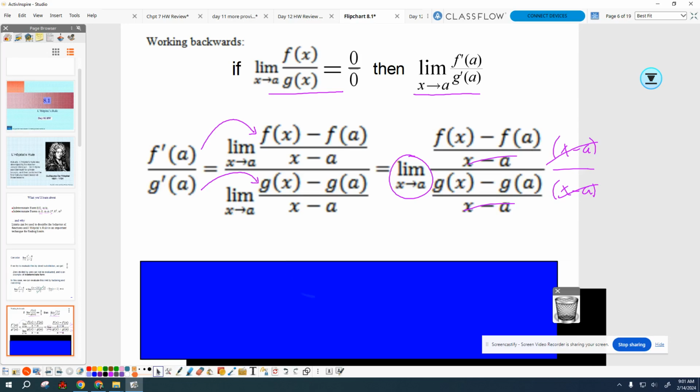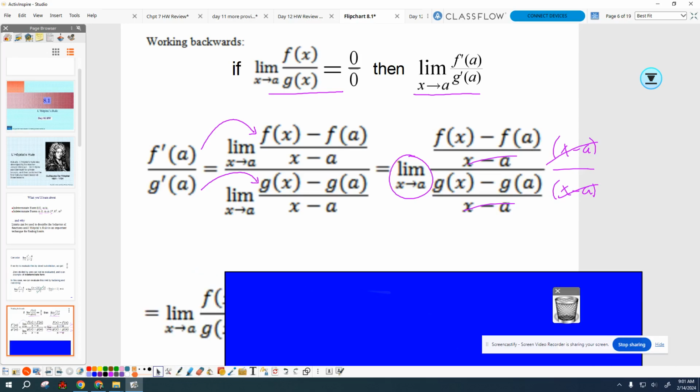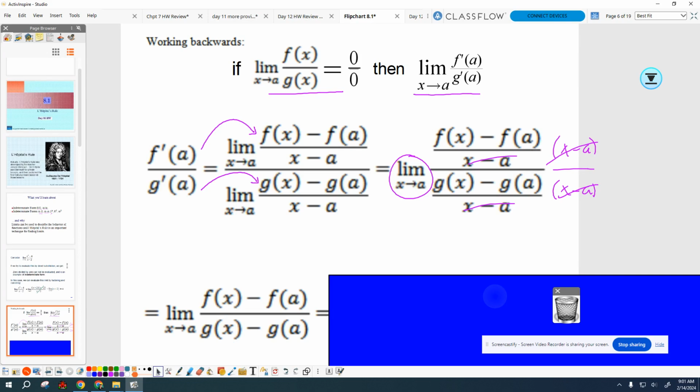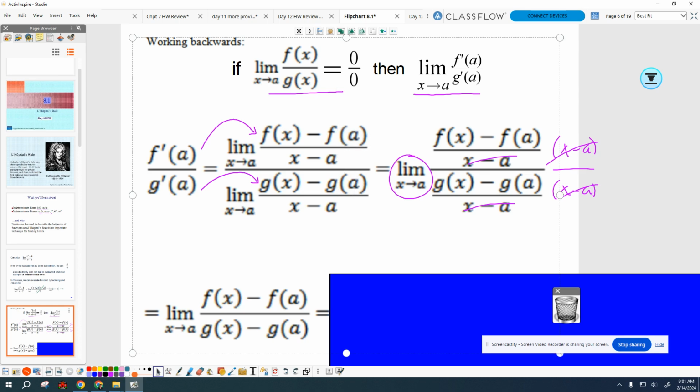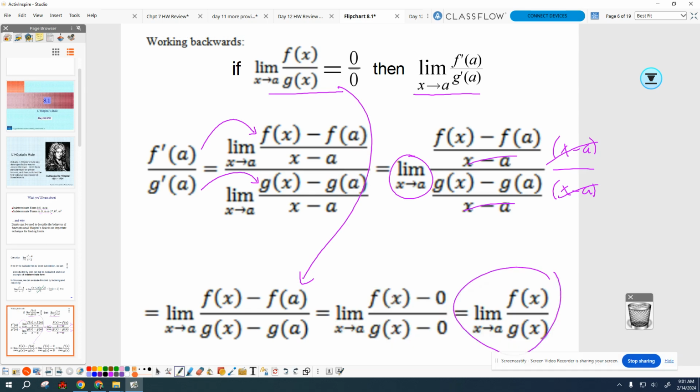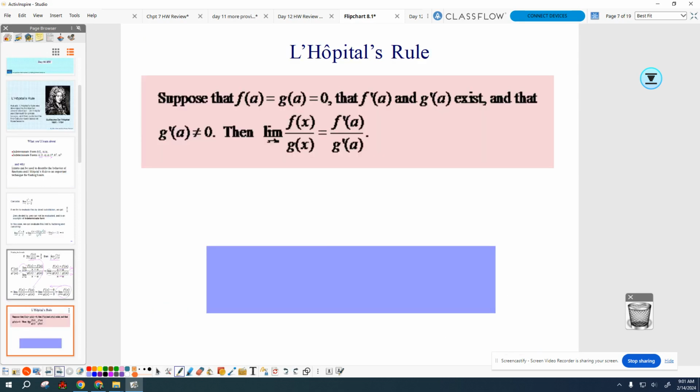So it flattens out. But from the beginning, we said f of x and g of x evaluated at a are 0, the original thing. So going backwards, it's just a quick proof for L'Hopital's, and you don't need to know how to do that, you just need to know how to use L'Hopital's.